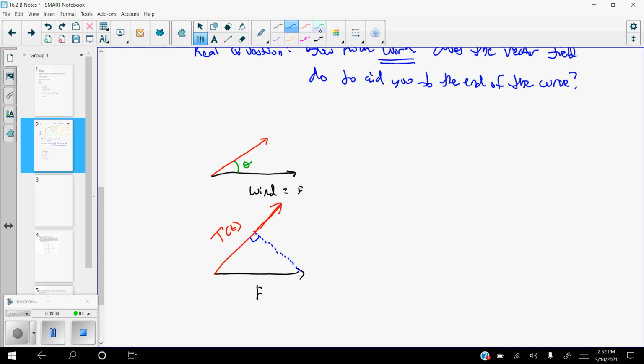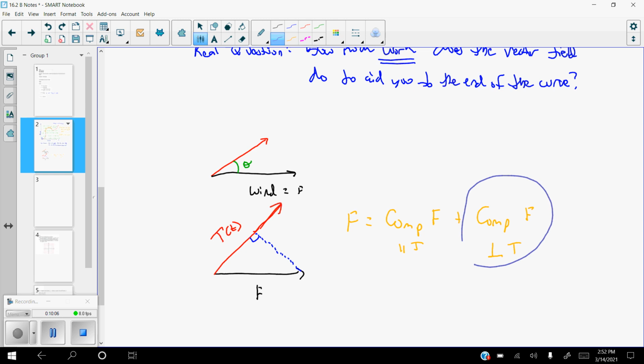The force is basically the sum of the two components. It's the component of force which is parallel to the tangent vector, plus the component of force which is perpendicular to the tangent vector. Well, the part that's perpendicular to the tangent vector actually does nothing.